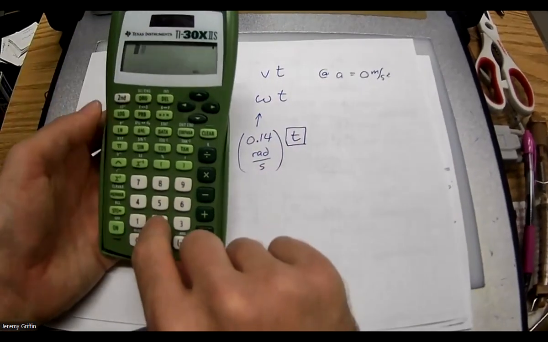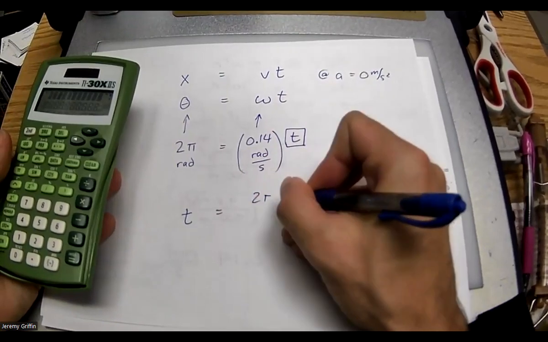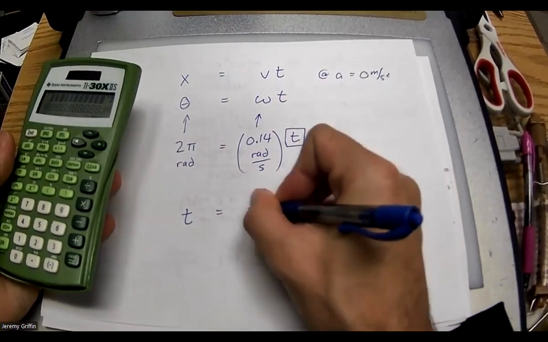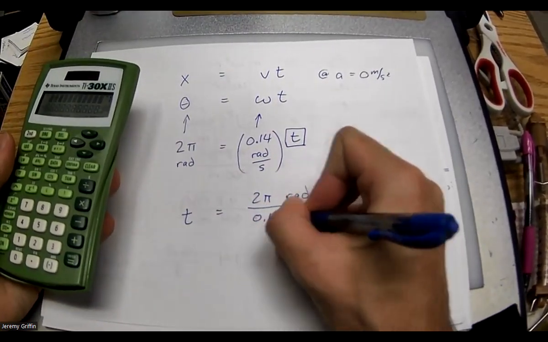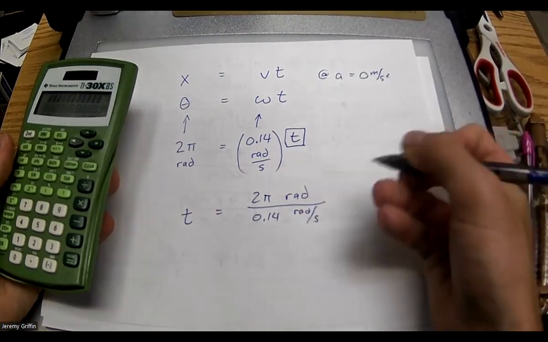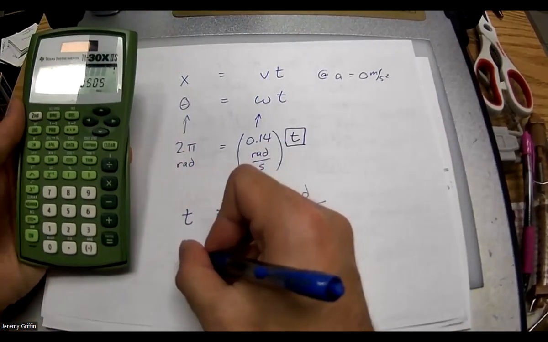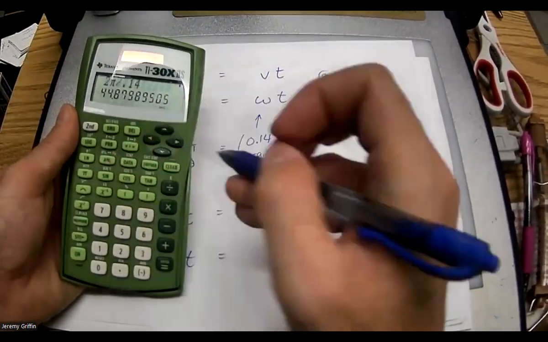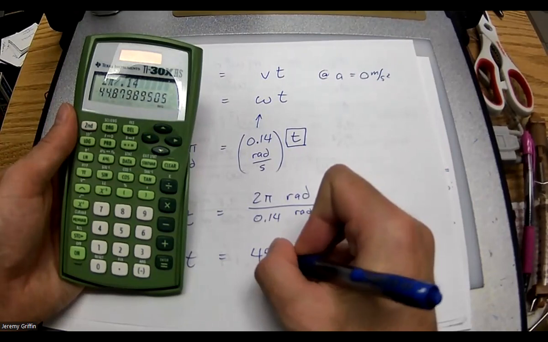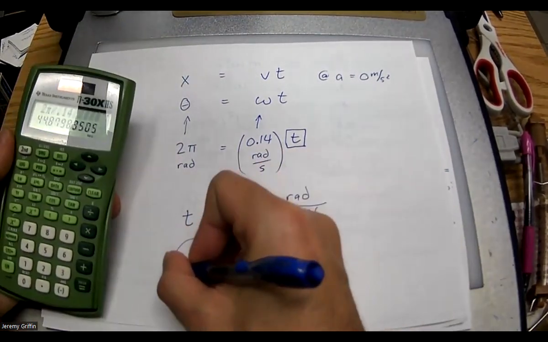So what is 2 pi? Here, I'll spell this out. 2 pi radians divided by 0.14 radians per second. Radians cancel, seconds flips back up on top. Looking at 44.9, maybe I'll round that up to about 45 seconds.